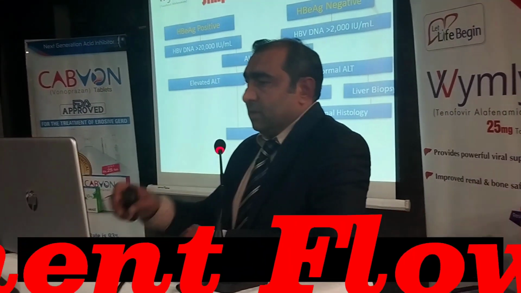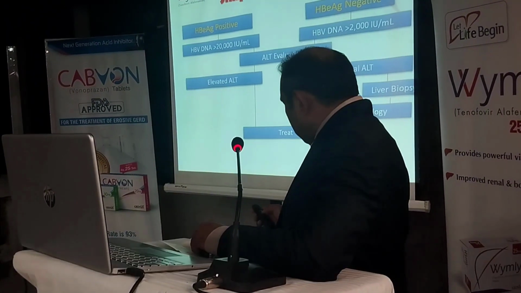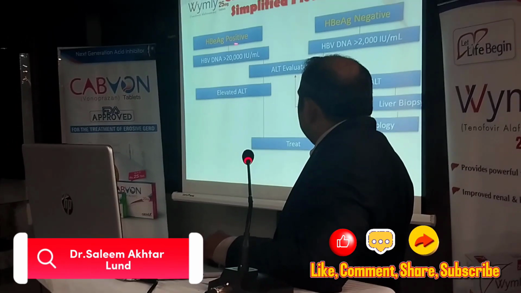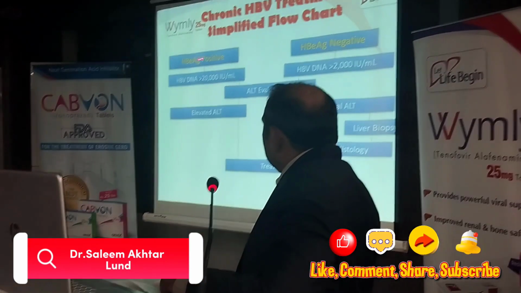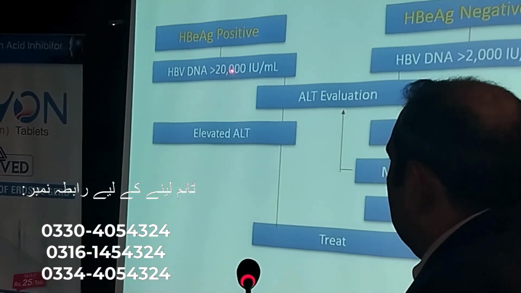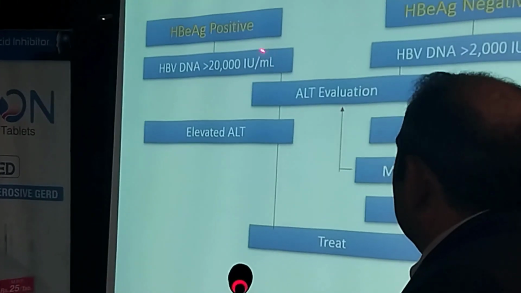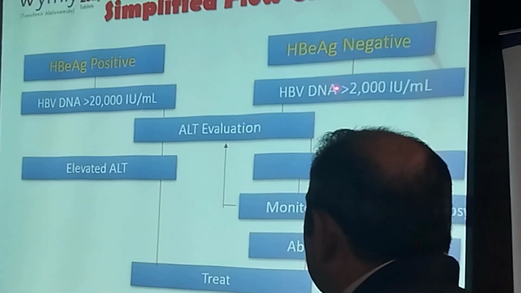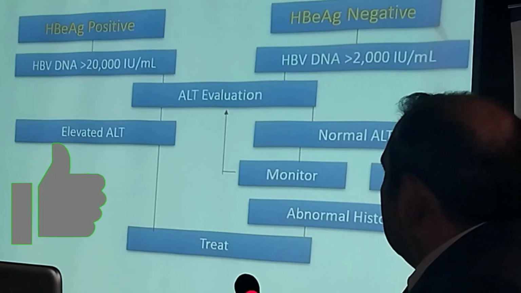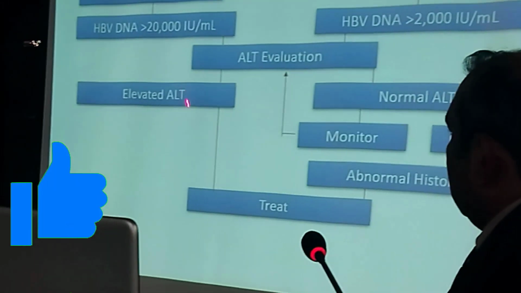But similarly, in the treatment simplified flow charts, you see, the patient may be surface antigen E antigen positive or E antigen negative. For E antigen positive, the criterion is more than 2 lakh international units of DNA, and for E antigen negative, the criterion is more than 2,000 international units per mL. So if the ALT is raised, treat the patient.